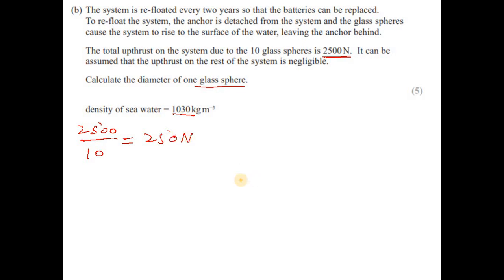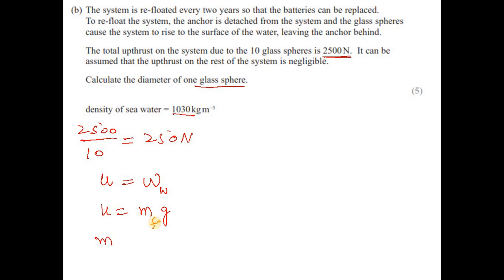And upthrust is the weight of the fluid or water which is displaced by the single bulb. So you can say that upthrust is equal to mass of the water times g.